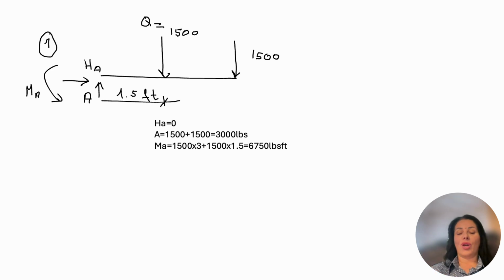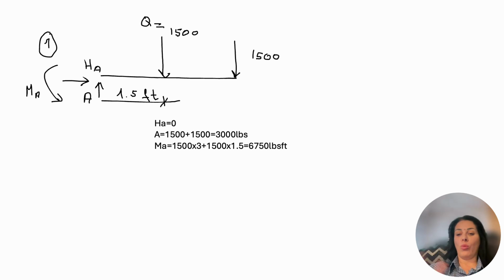Again, we use sum of forces in the X direction equal to 0. That means HA is equal to 0. Then sum of forces in the Y direction equal to 0. That means A minus Q, which is 1,500, minus B, which is 1,500, is equal to 0. That will give me a value for A of 3,000 pounds.